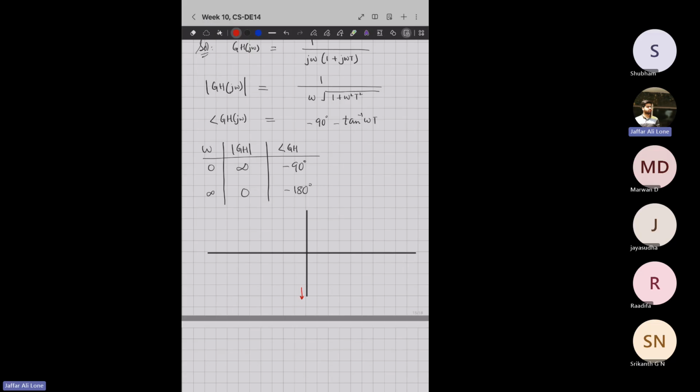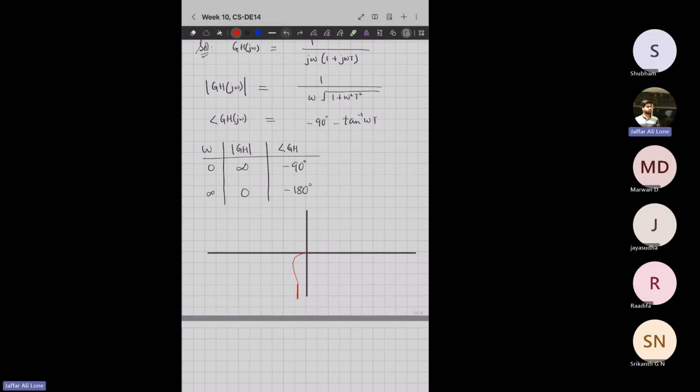Whenever you have infinite magnitude, show it as a parallel line. So I'll show it like this. It means it's coming from infinity. And as omega tends to infinity, my magnitude is going to 0, but in the minus 180 degree direction. So I'll get something like this.